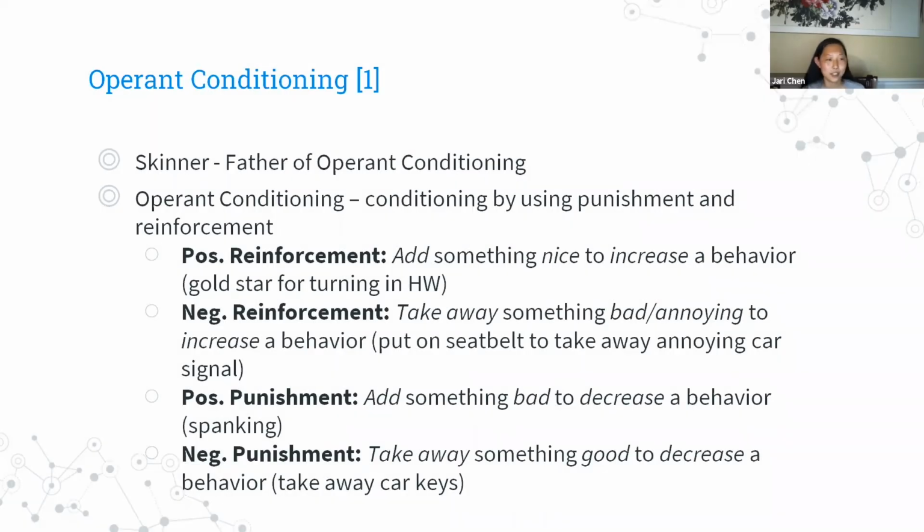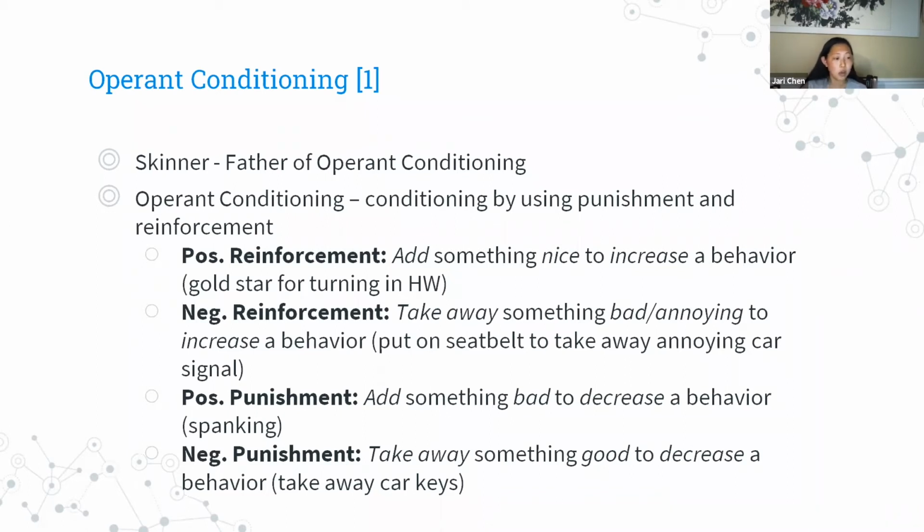So, okay, then we move on to a different type of conditioning, which is operant conditioning. It's conditioning by using punishment and reinforcement. There's positive reinforcement, negative reinforcement, positive punishment, and negative punishment.